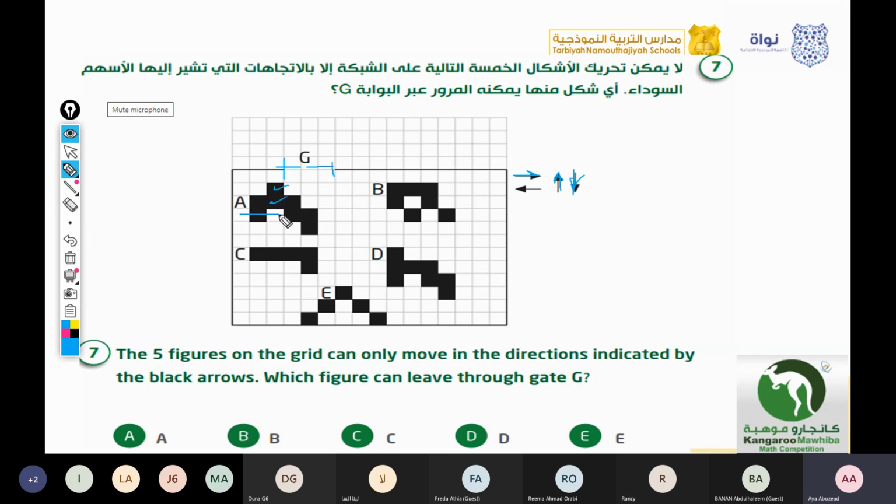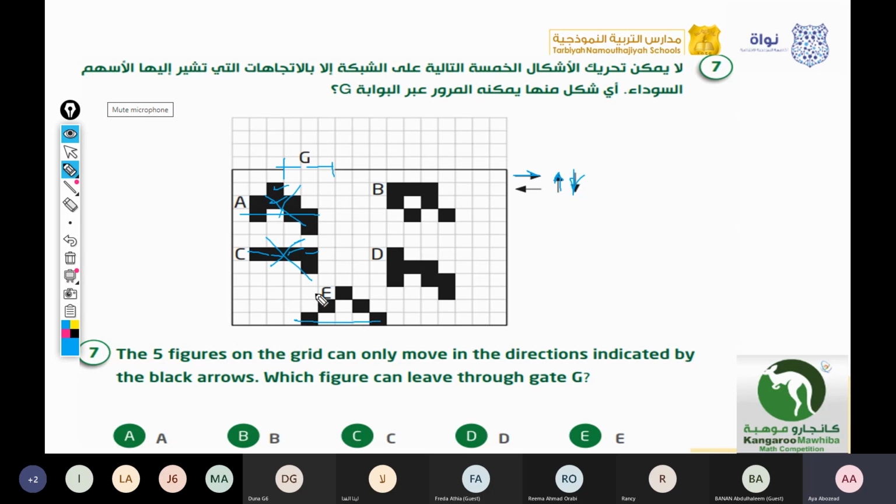But on this line, you cannot pass because you cannot break this part. 1, 2, 3, 4. So A will not go. Let's try C. 1, 2, 3, 4. You will pass, but at the last you will not pass.